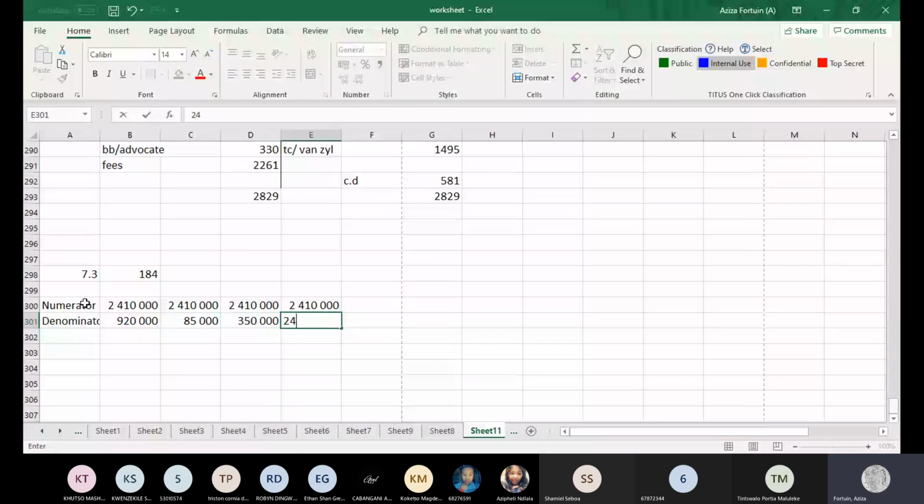So we're going to allocate this amount to each product. For the units produced, we're going to get an amount of 2.61. Then for the machine hours, we're going to get 28 Rand 35 cents per machine hour.